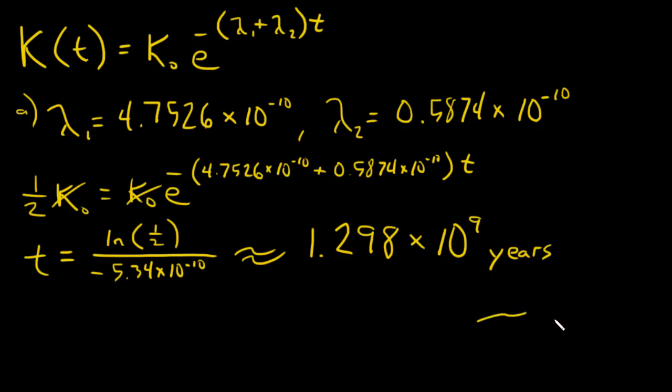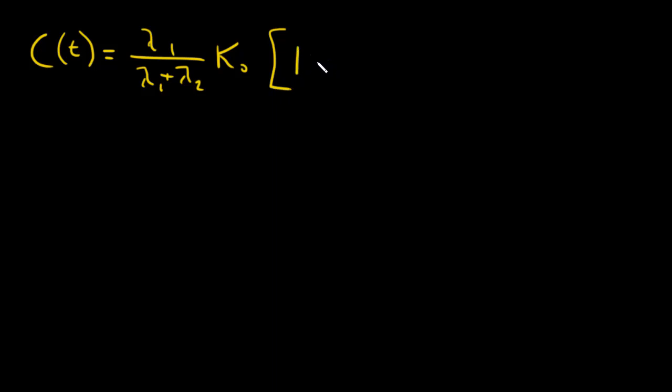So here we go. I'm going to clear this, and we had C of t equal to lambda 1 over lambda 1 plus lambda 2 times K naught times 1 minus e to the negative (lambda 1 plus lambda 2) t.